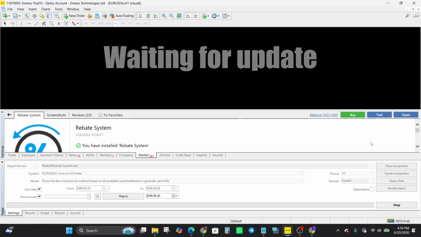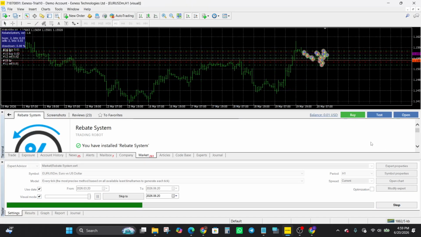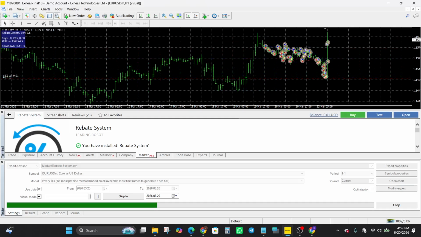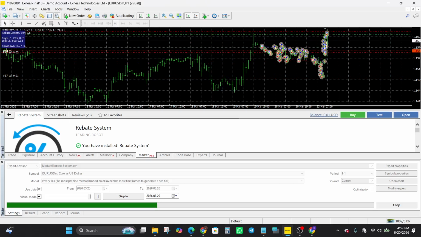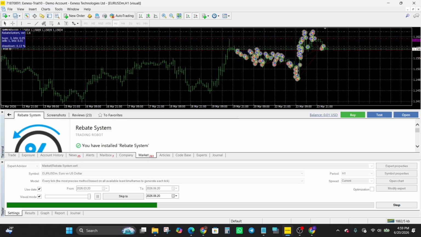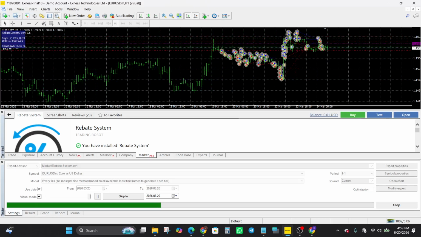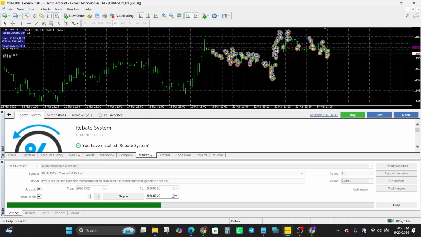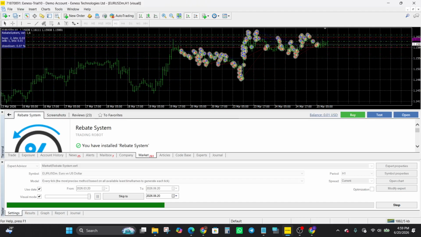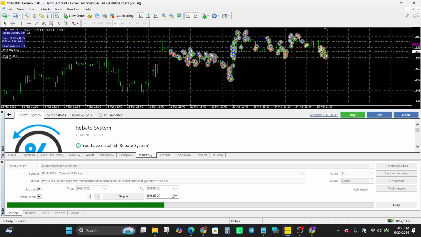All right. When analyzing historical testing performance for a system like this, longer testing periods become especially valuable because they can expose the EA to a wider range of market conditions, including trending and ranging conditions. I would still recommend running longer term testing yourself so you can gain a more complete picture of how the system behaves over time.